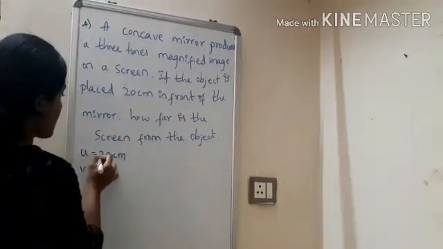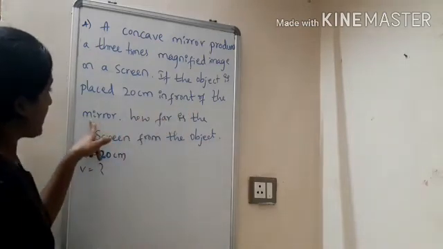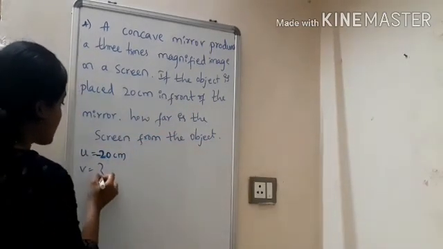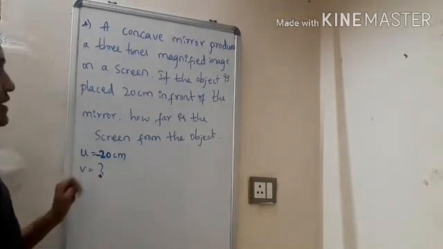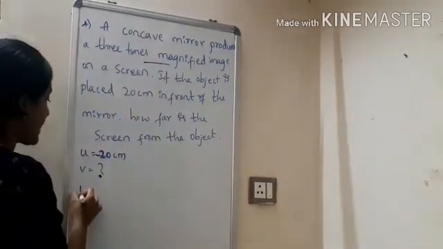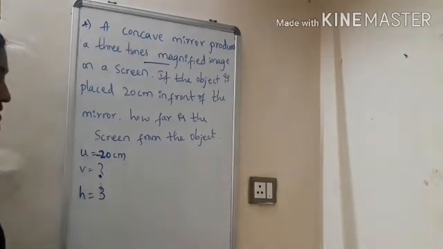So u is equal to minus 20 they gave. And how far is the screen from the object? That means we have to find out the v, the image distance. Here 3 times enlarged, that means magnification they gave as 3.